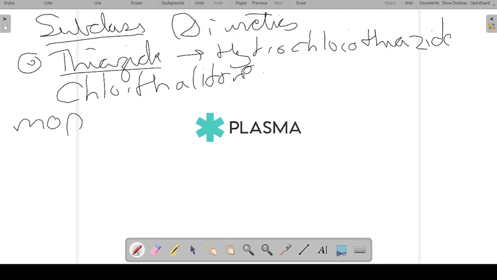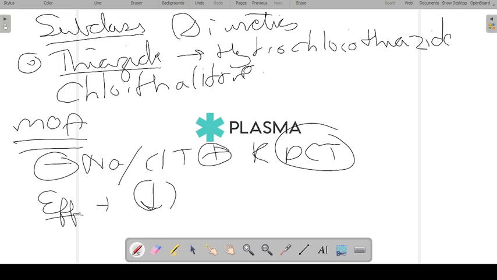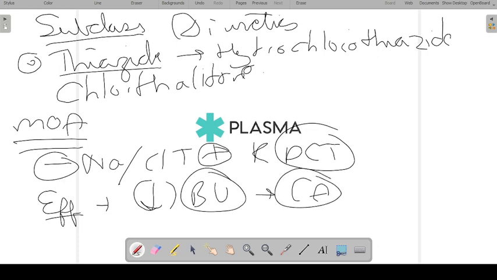The mechanism of action is that they block the sodium and chloride transporter present in the renal distal convoluted tubule. Effects: reduces the blood volume. Clinical application is in hypertension and mild heart failure.